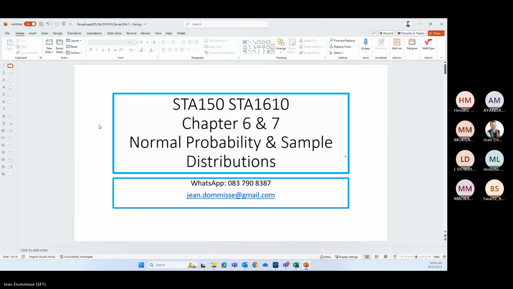So chapter 6 and 7 is looking at normal distributions, and then chapter 7 takes that normal distribution a bit further, looking at sample distributions, but it will be a sample distribution for a normal distribution.